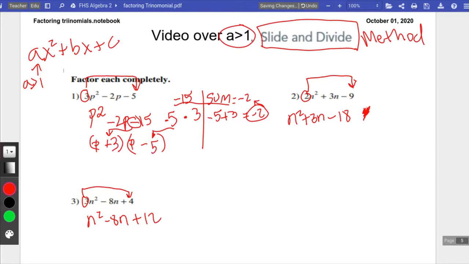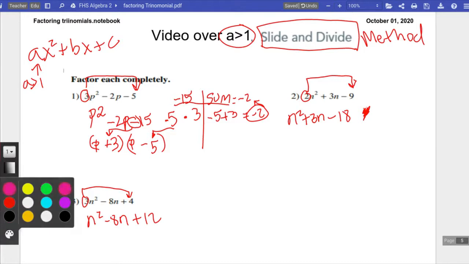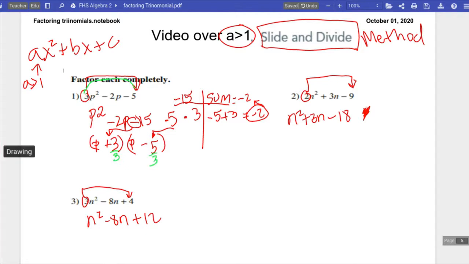All right, so the next thing you're going to do, remember we decided to move the 3 over. Since we moved this 3 over, that 3 comes back into play by bringing it down and writing it here: divide that by 3, divide that by 3. So let's finish this thing.